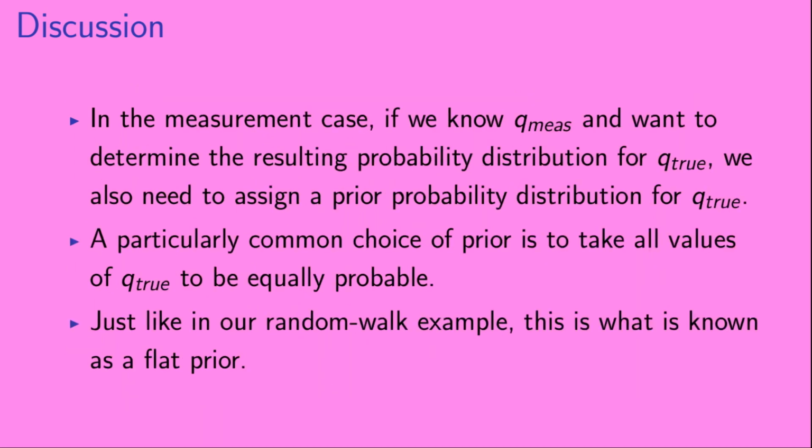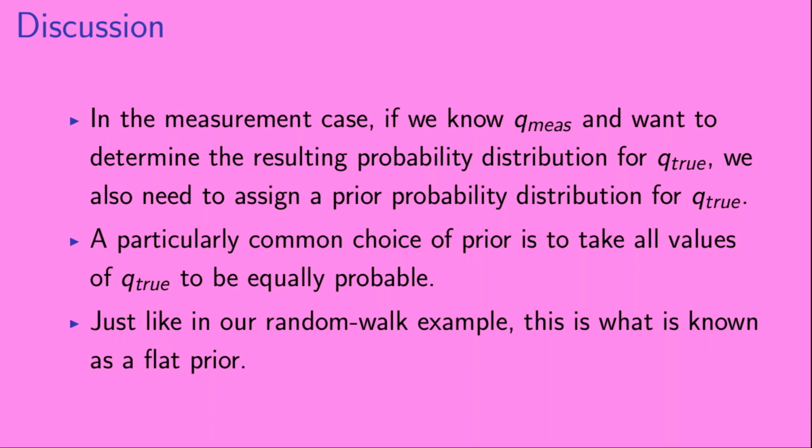In the measurement case, if we know Q measured and want to determine the resulting probability distribution for Q true, we also need to assign a prior probability distribution for Q true. A particularly common choice of prior is to take all values of Q true to be equally probable.